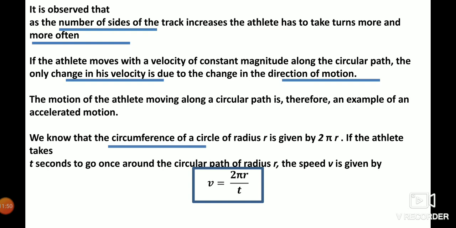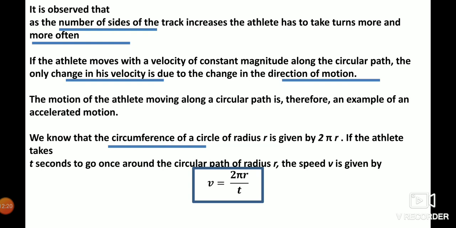Now we know that the circumference of a circle is given by 2πr. That means the distance traveled in traveling a whole circle is its circumference, that is 2πr. So if we need to calculate the speed in uniform circular motion, it is accelerated, yes, but it is uniform. Why? Because the magnitude is not changing, only the direction is changing.